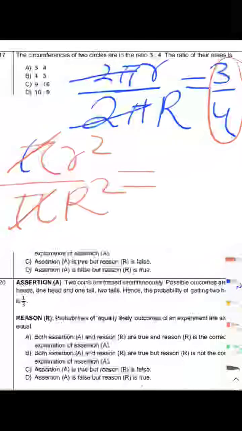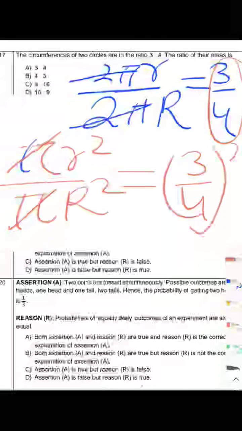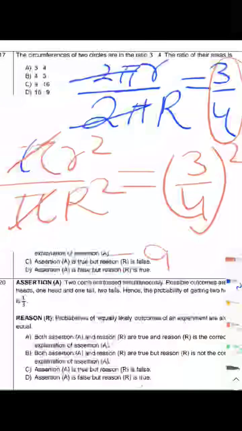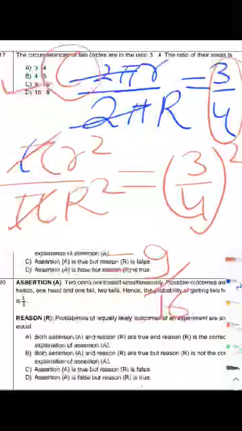So you write 3 by 4 and you square it. How much you will get? 3 3s are 9 and 4 4s are 16. So here you will get 9 is to 16. Option C is the answer. Right answer is option C, 9 is to 16.